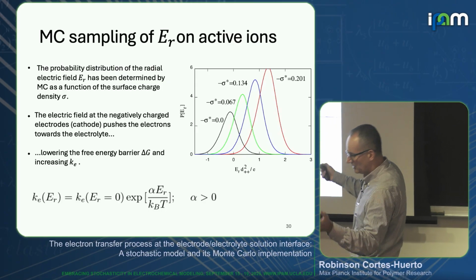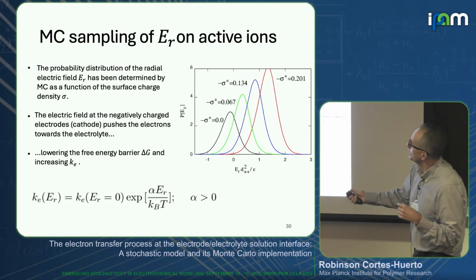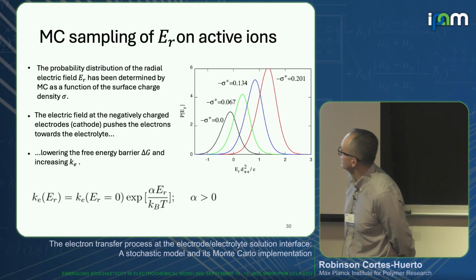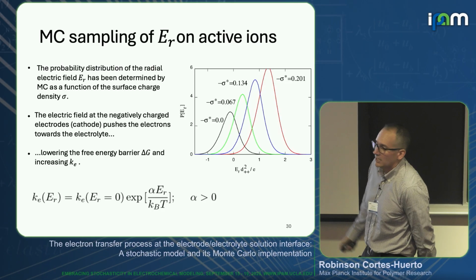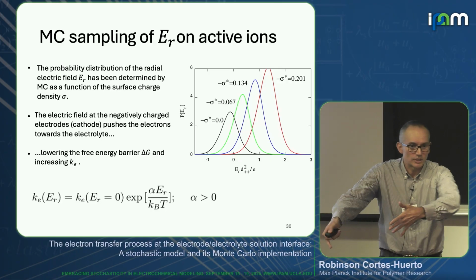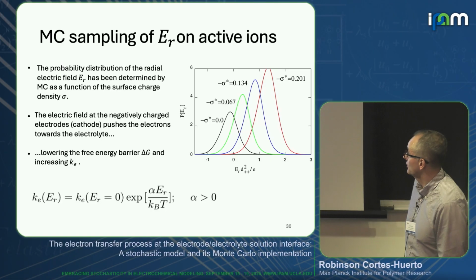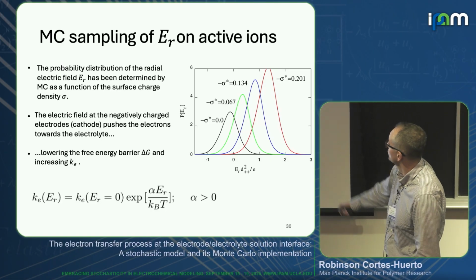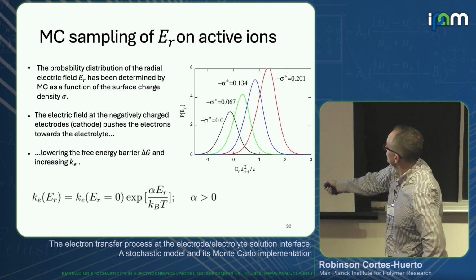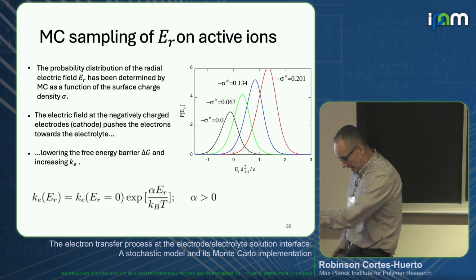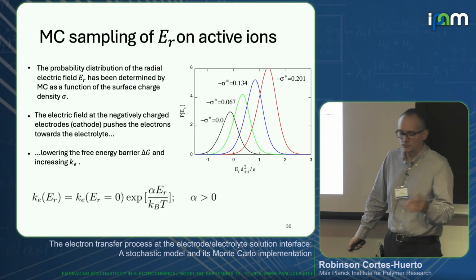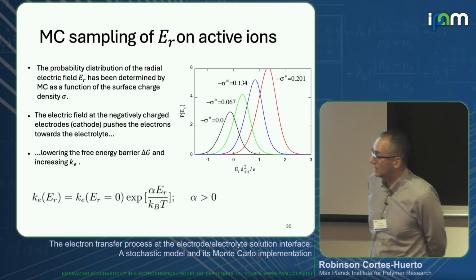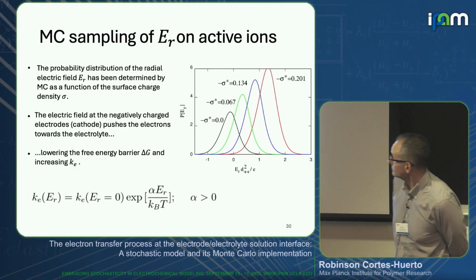This is again a violation of mean field. So then we look at how the radial electric field behaves as a function of surface charge. Of course, you expect something proportional to surface charge using standard electrostatics. But in this case, we have a distribution that really shows that the electric field is pushing electrons from the electrode to the electrolyte.